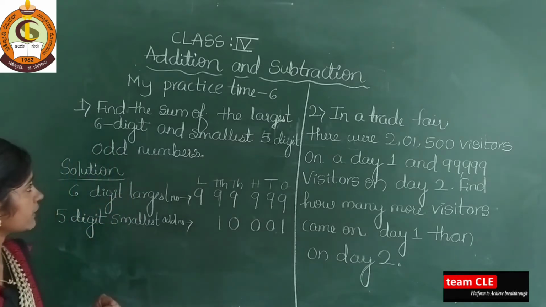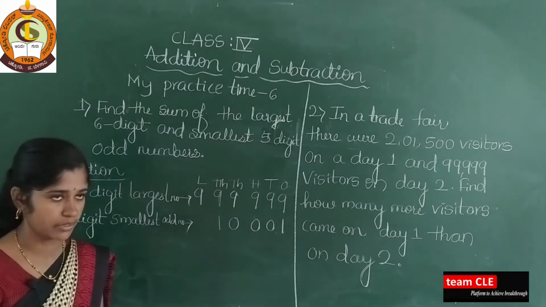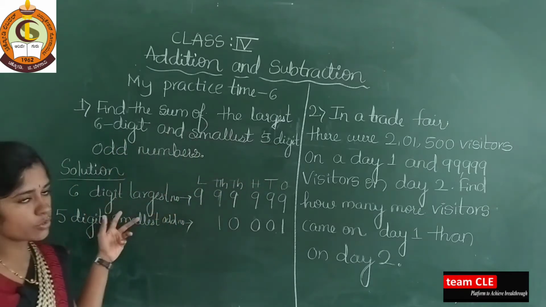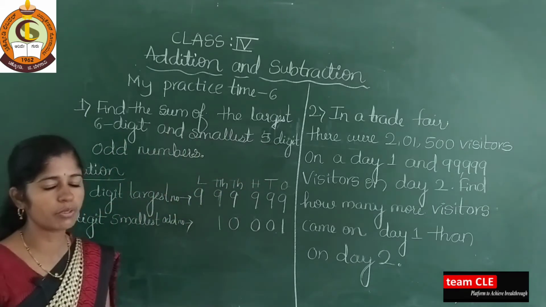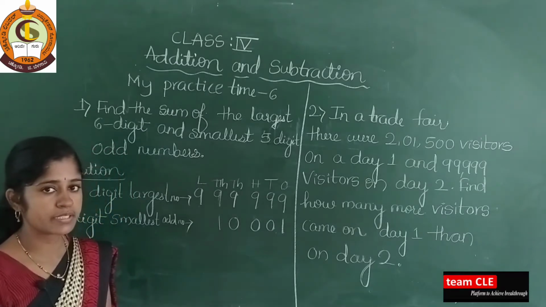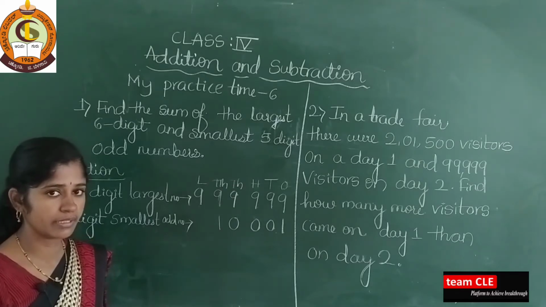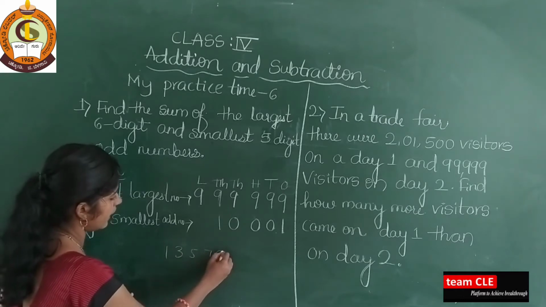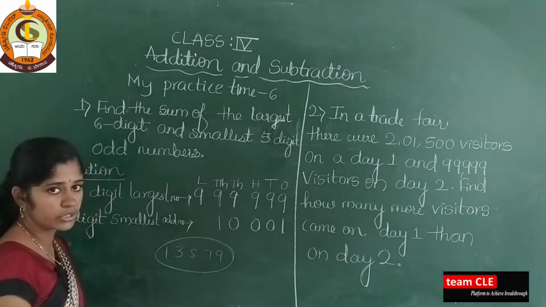They have not asked for the smallest 5-digit number; they asked for the smallest 5-digit odd number. 10,000 is an even number. You already know about even and odd numbers. The multiples of 2, 4, 6, 8 are even numbers, and if there is 1, 3, 5, 7, 9 in the ones place, they are odd numbers.